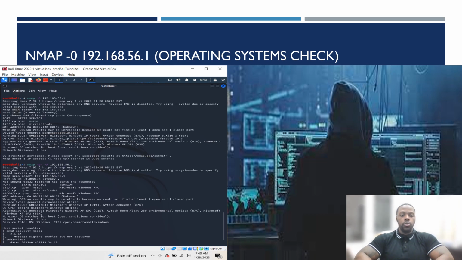In addition to the 135/TCP MSRPC, and also the 445/TCP open Microsoft-DS, I also had an additional port, which is 49666/TCP open MSRPC, the Microsoft Windows RPC.